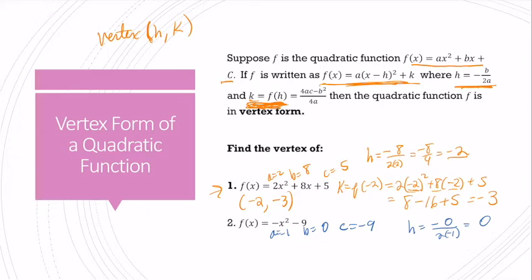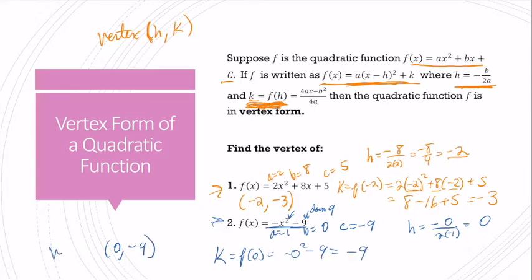And we could kind of tell that by looking at the graph of this function. This is a parabola that's been flipped upside down and then shifted down 9. So we could visualize that our vertex is going to be when x is 0, y is negative 9. So let's verify that my y value is indeed negative 9. So k is f of 0, which equals negative 0 squared minus 9, which is going to give me negative 9.